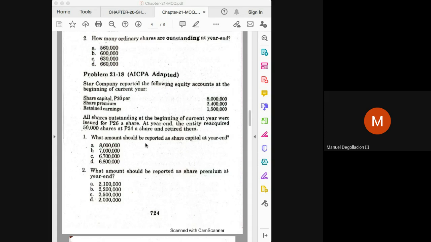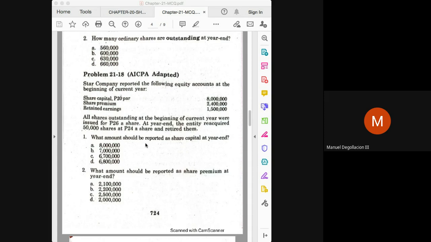Your complete entry will be debit ordinary share capital 1 million, debit ordinary share premium from original issuance 300,000. You credit treasury shares to recognize the treasury shares of 1,200,000, and the balancing figure would be share premium treasury shares in the amount of 100,000.